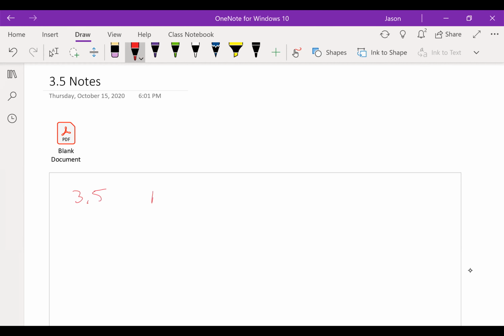Okay, 3.5. Maximum and minimum problems.